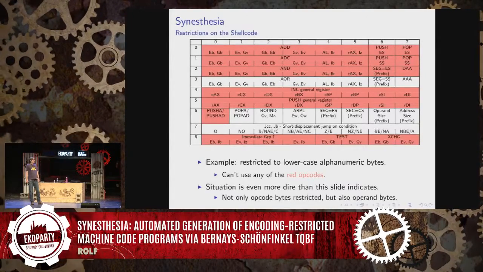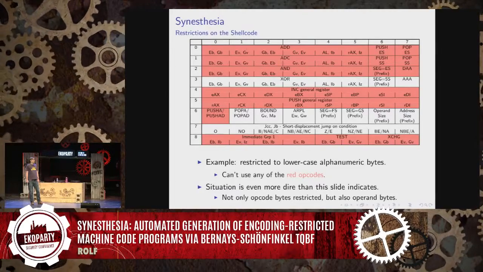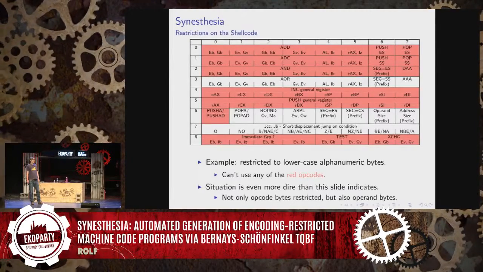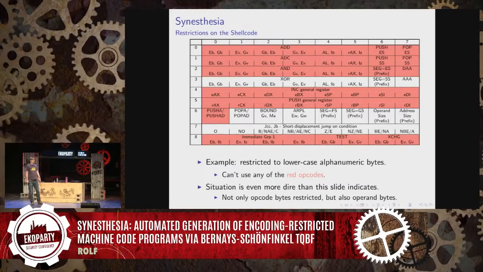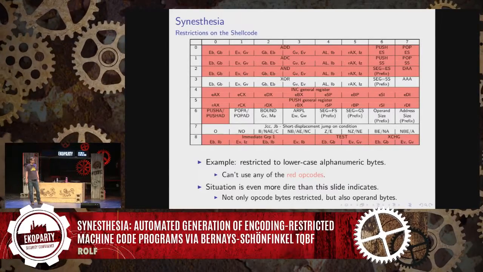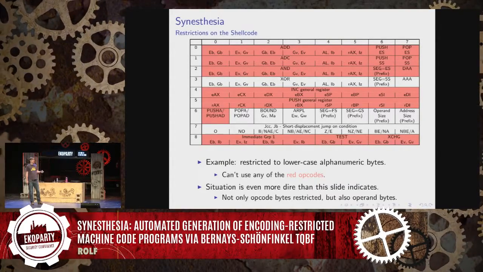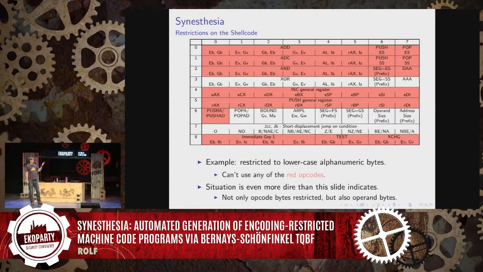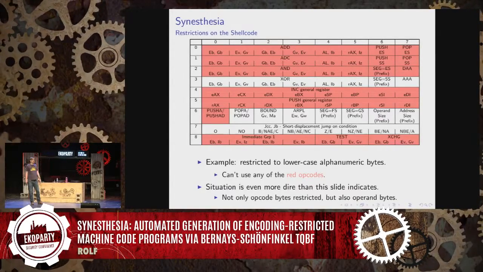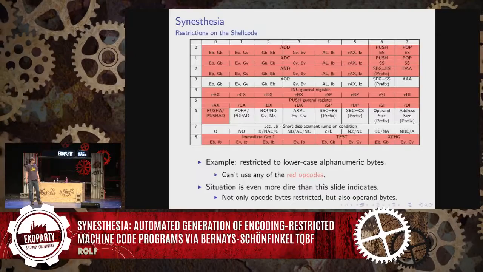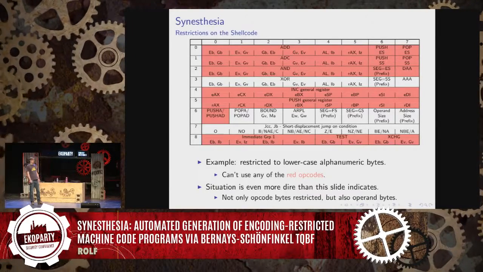As you can see, it's a pretty onerous restriction where most of the instruction set is no longer usable. And in fact, the situation is even worse than this slide makes it seem, because this slide only indicates the opcode bytes, whereas the restrictions are also going to apply to the prefixes and the operands used within the instructions.